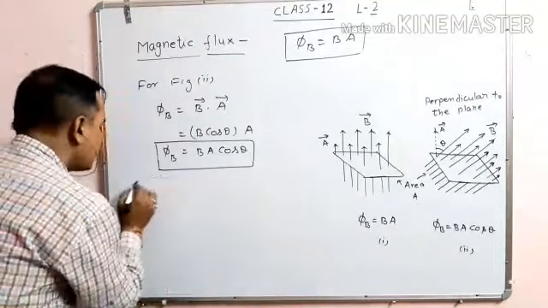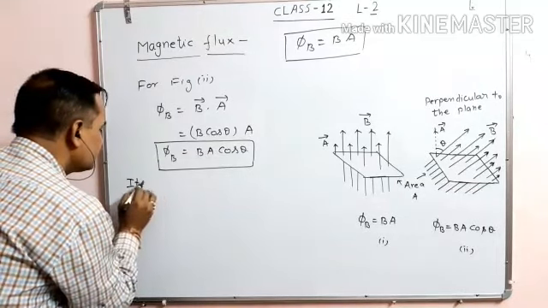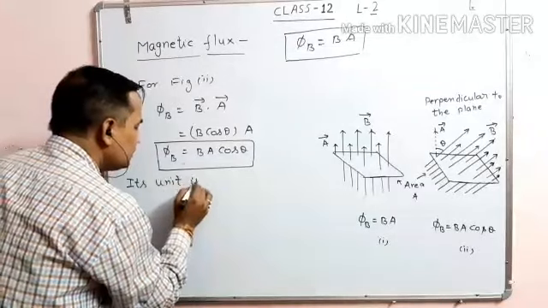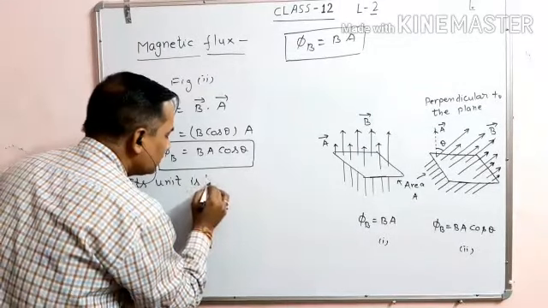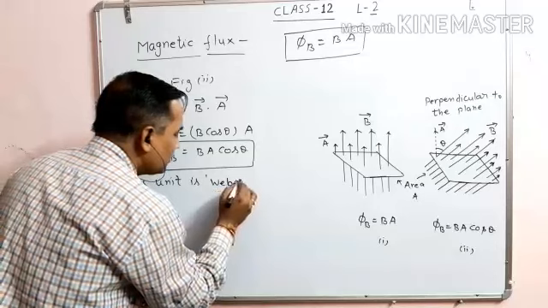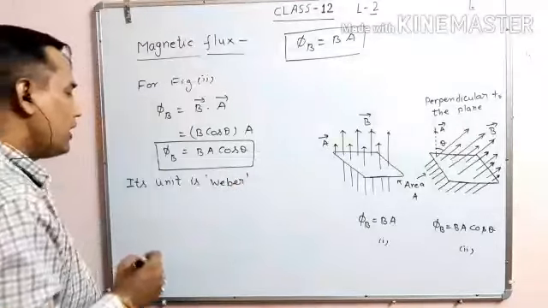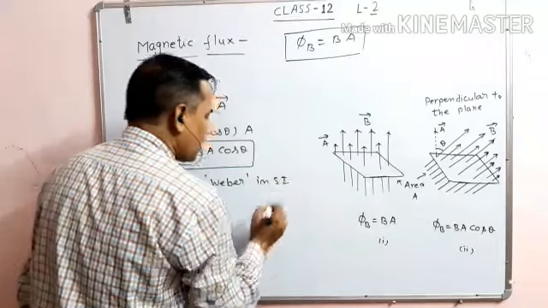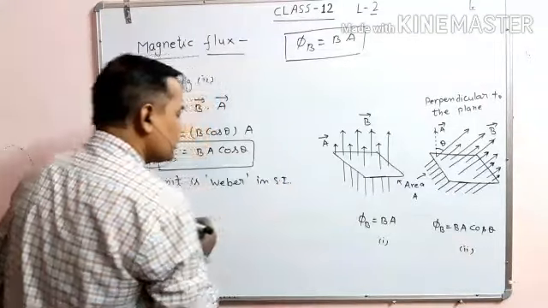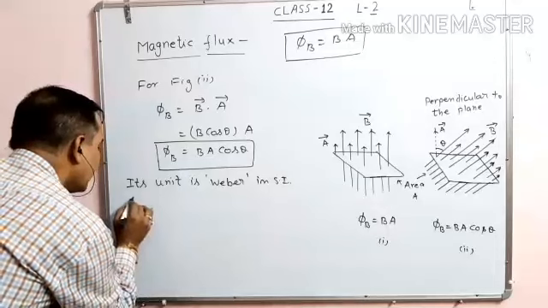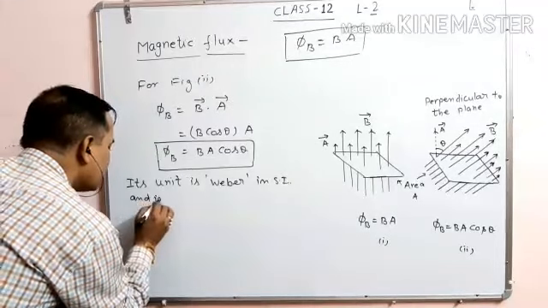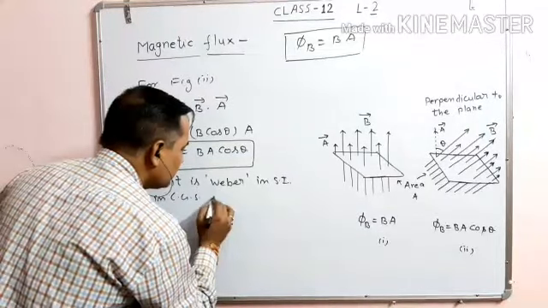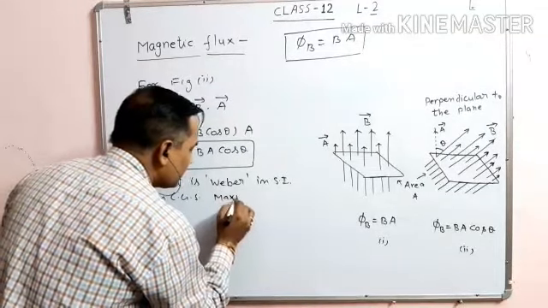Okay, its unit is Weber in SI or MKS, and in CGS another unit is Maxwell.